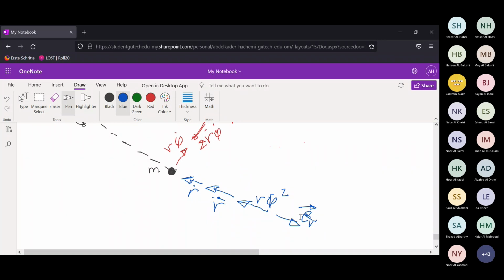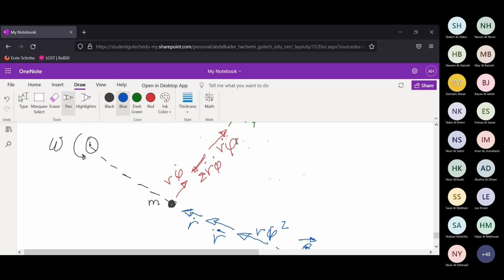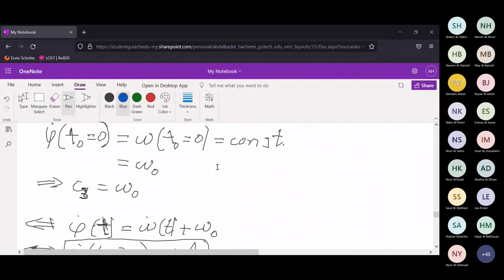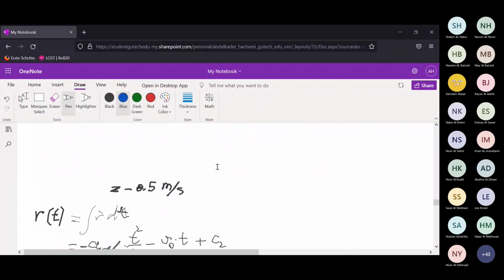Okay, this is the description to see the direction of each part. Here you see it's in the opposite direction, 2 times R dot phi dot, which is negative.